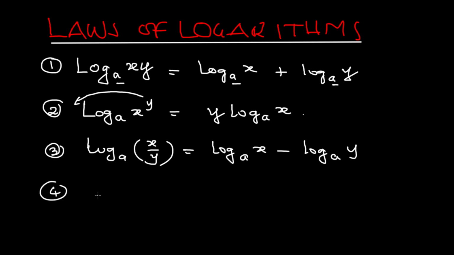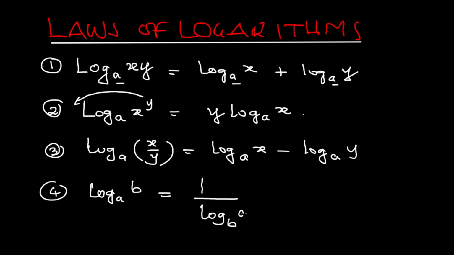Rule number 4, it's where you switch the bases. So what causes the switch of the bases? If you had log base a of b, this is the same as, if I were to create this as an inverse, it'll be the same, but now the base is going to change.